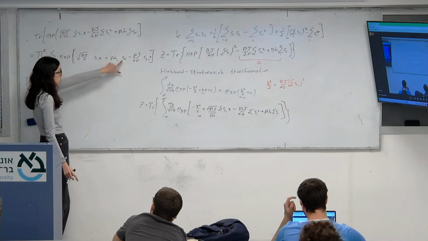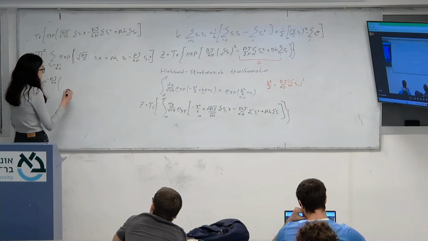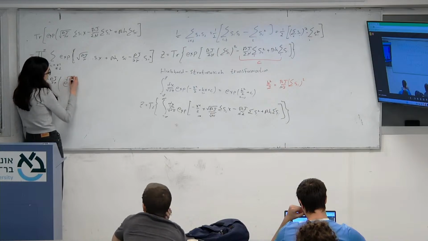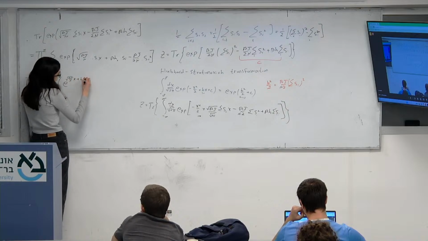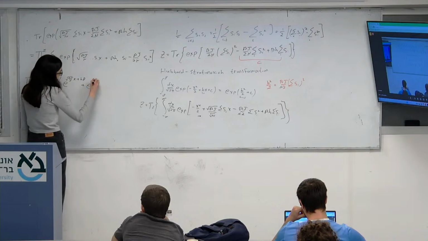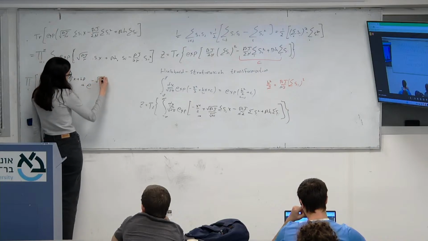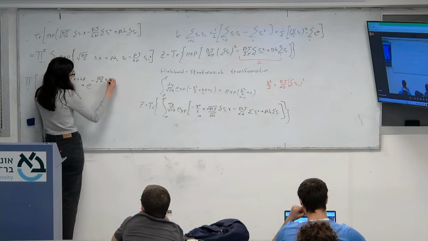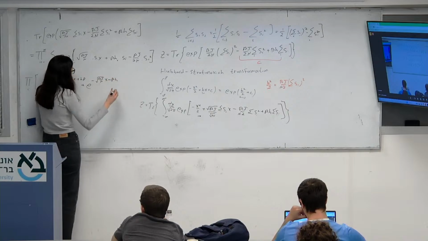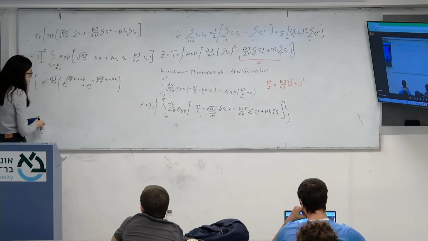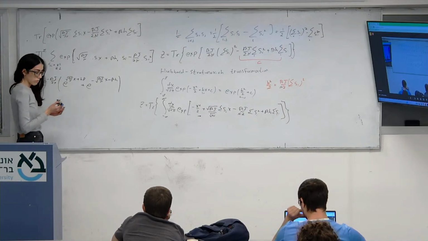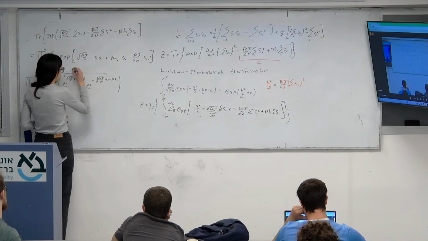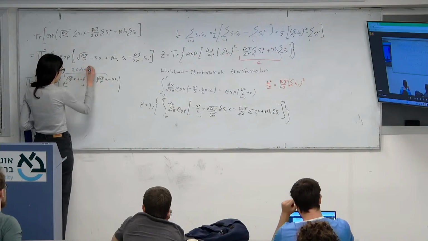And then I have 2 terms for plus minus 1 for si, so this is e to the square root of beta j n x plus beta h plus e to the minus square root of beta j n x minus beta h. Isn't it just cosh? Yeah, it is. So this is 2 cosh.